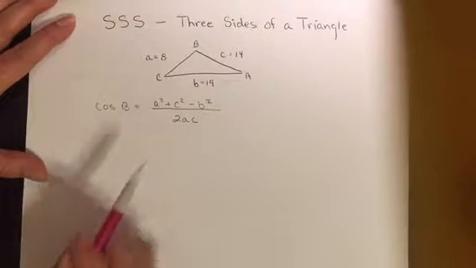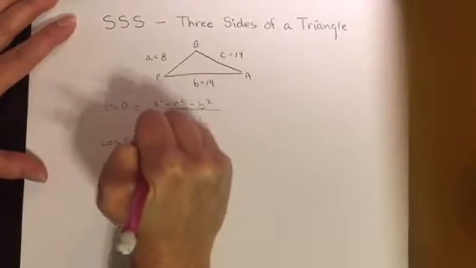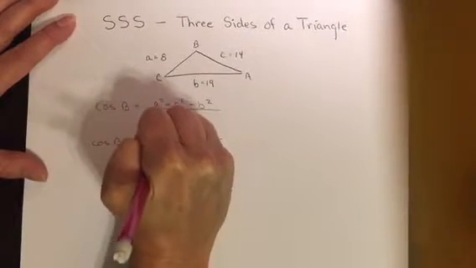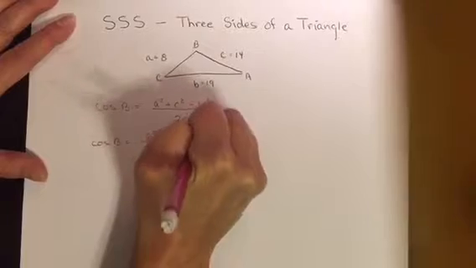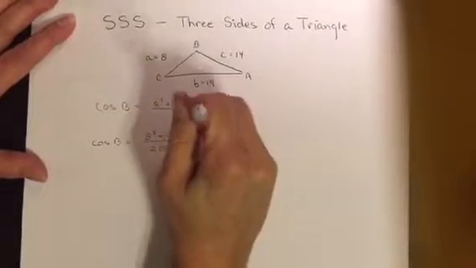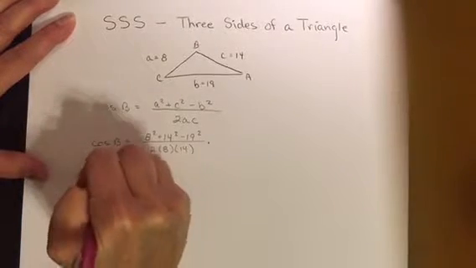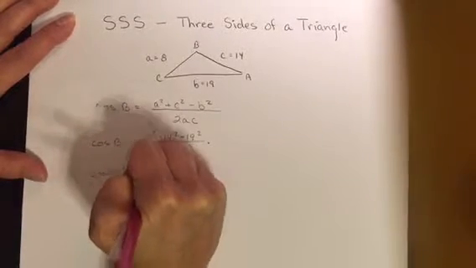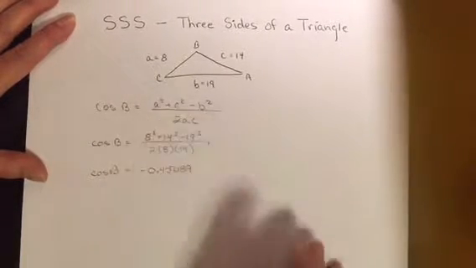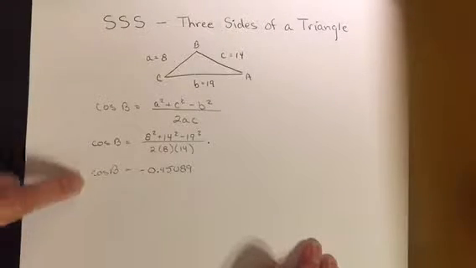All right, now I'm going to plug in everything from my triangle. So cosine B equals negative 0.45089.